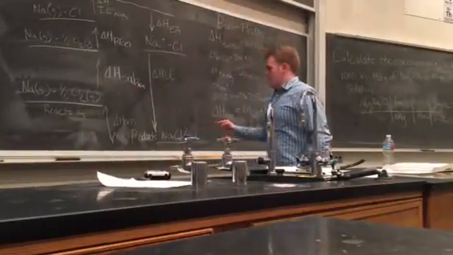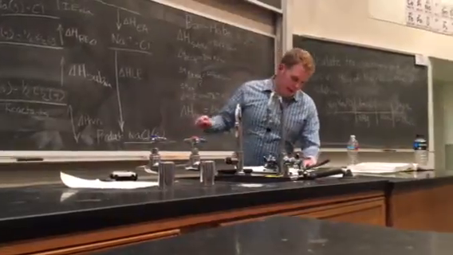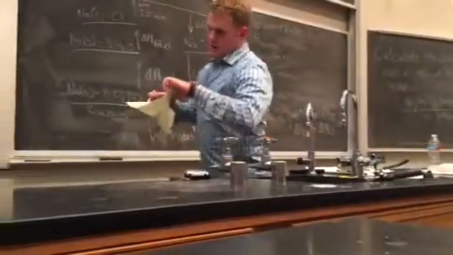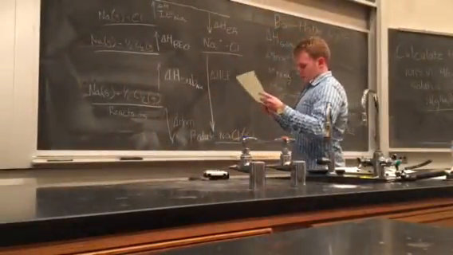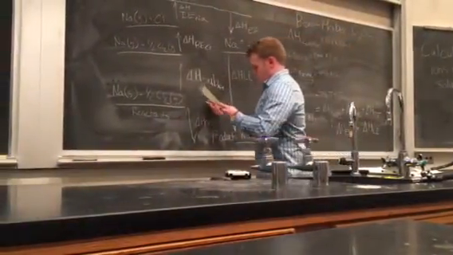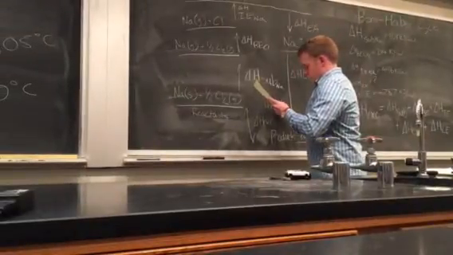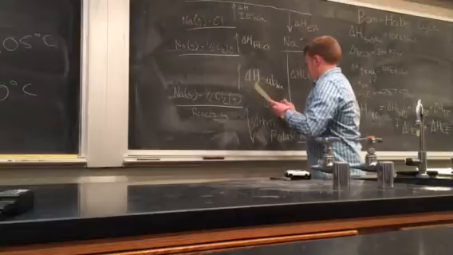And so I've given you everything except the delta H of the reaction, so I will give you that real quick. It would be equal to 410 kilojoules per mole.